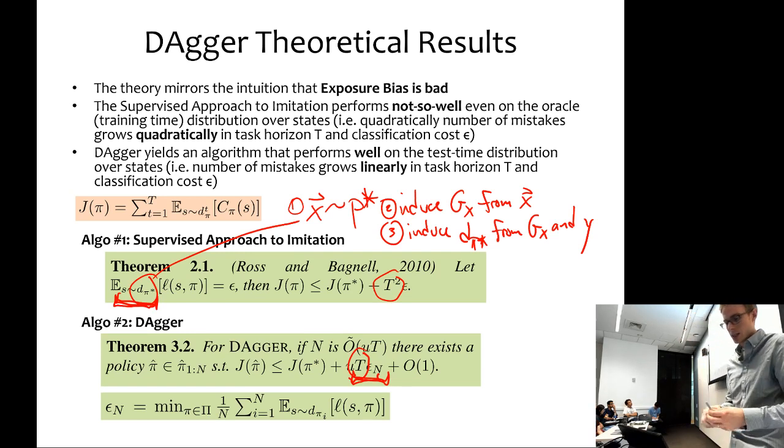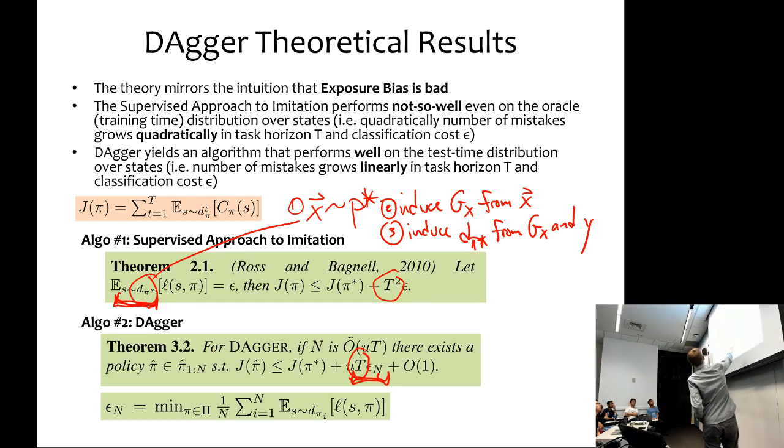We're actually linear in t. And not only that, this second theorem is for the case where our distribution over states is our test time distribution over states. So at test time, the number of mistakes grows linearly in the task horizon and the classification cost.